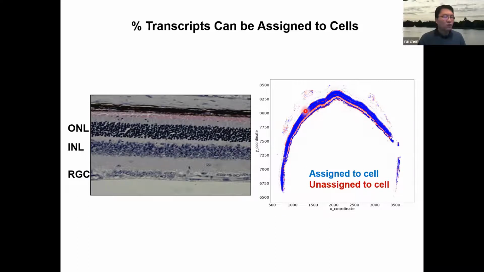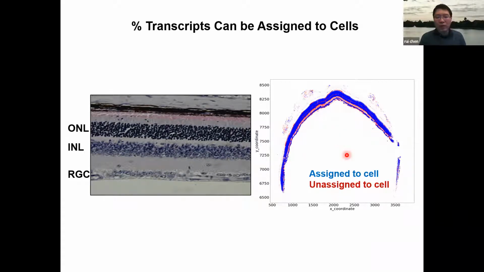The blue dots are transcripts that we were able to assign to individual segmented cells, and the red dots are transcripts not assigned to a cell. You can clearly see the blue ones correspond nicely to the nuclear layers, while in between we essentially do not segment cells because there are very few cells there. You can consider those transcripts as a sort of background.